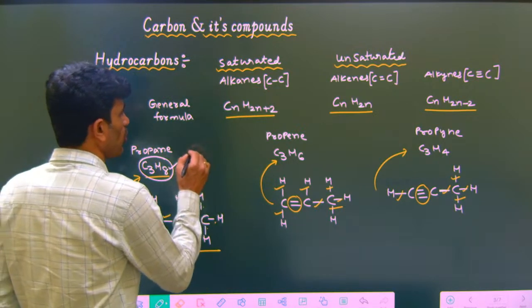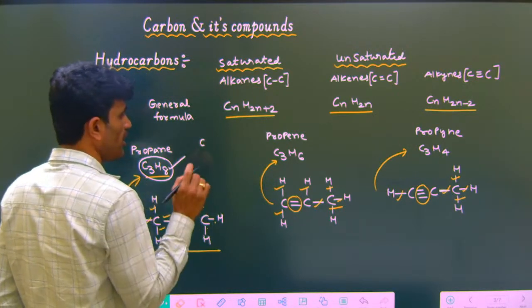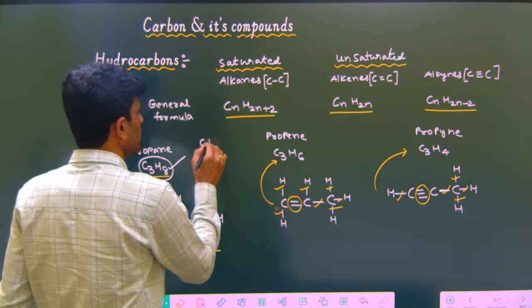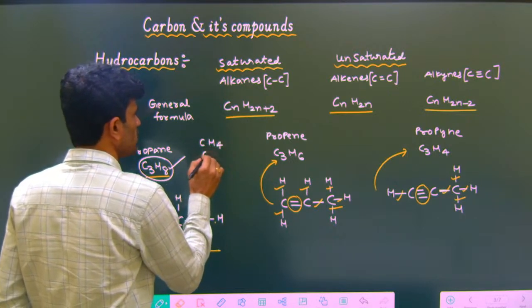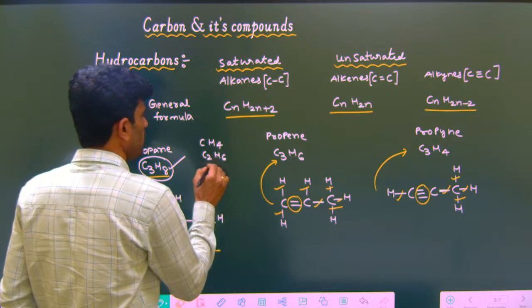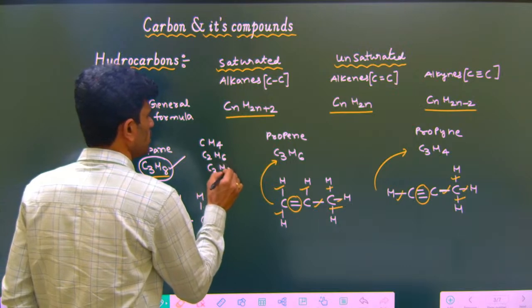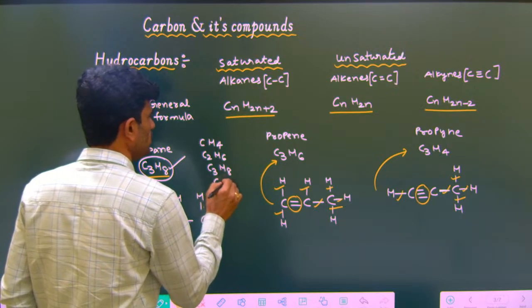If you write the molecular formulas of all the alkanes, it is CH4, then C2H6, then C3H8, and then C4H10.